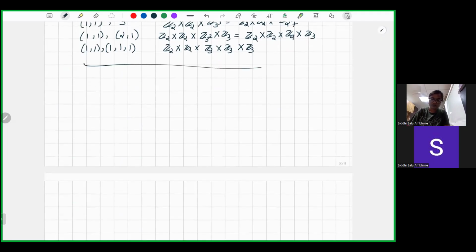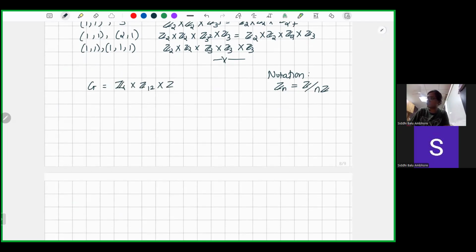So this is the example. My G was, I will be using this notation: Zn is Z cross Z and Z. So the group was Z4 cross Z12 cross Z5.